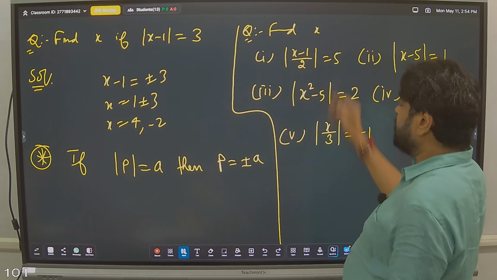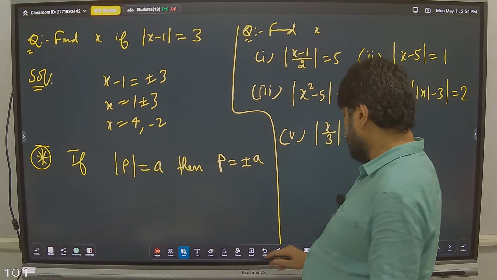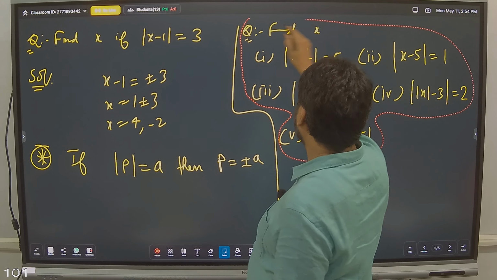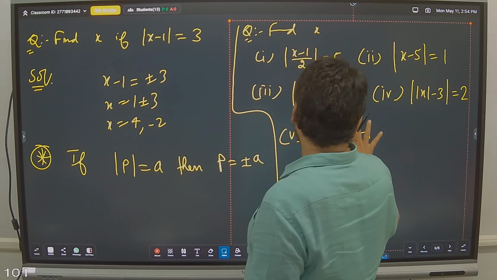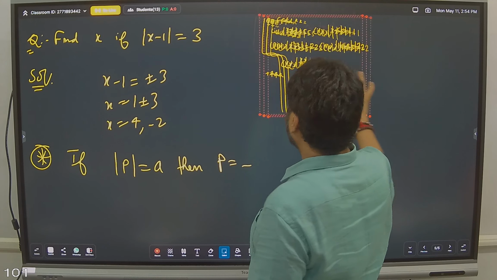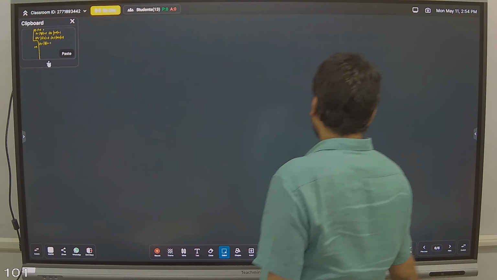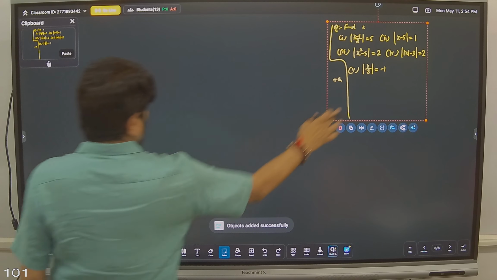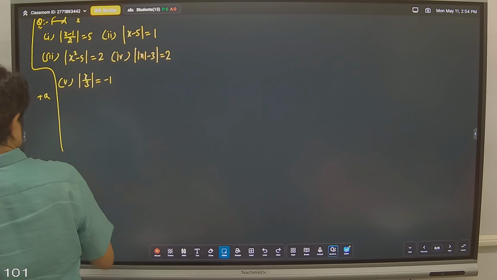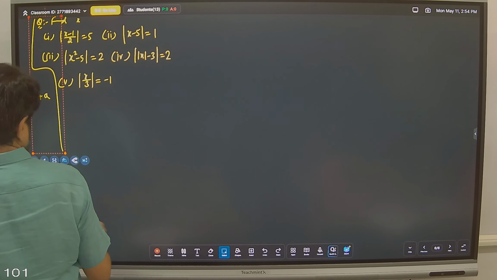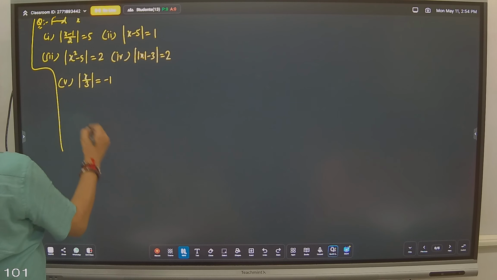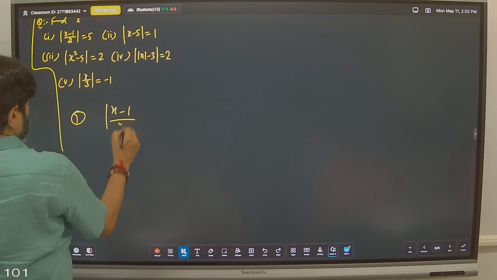How? Mod of something equal to 5. Say here, mod of x minus 1 by 2 equals 5.